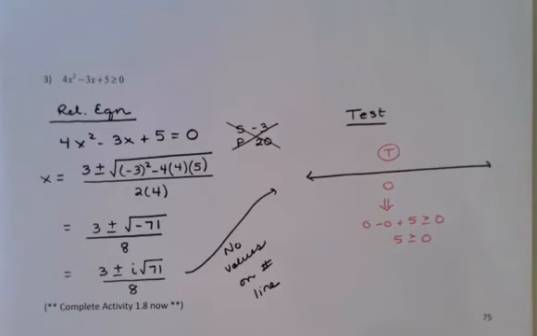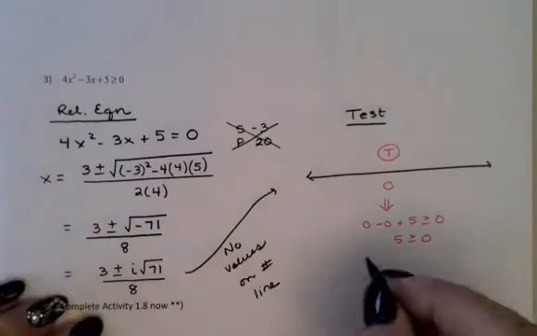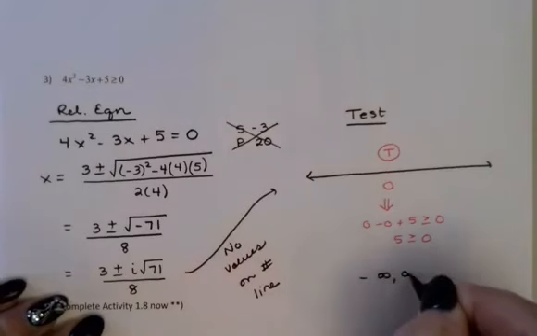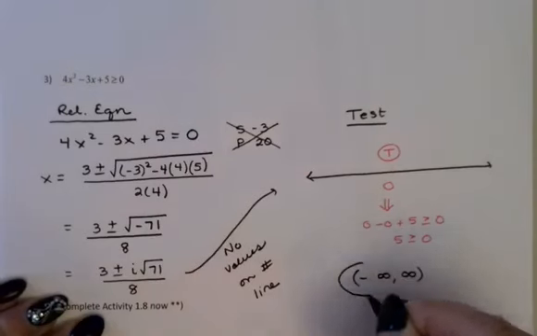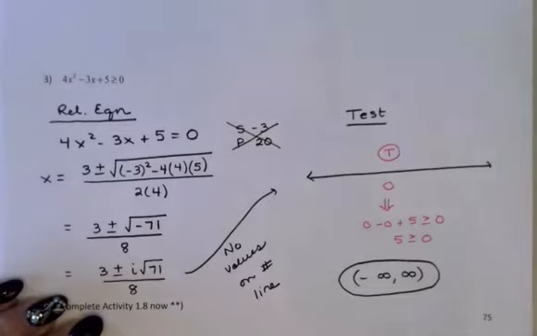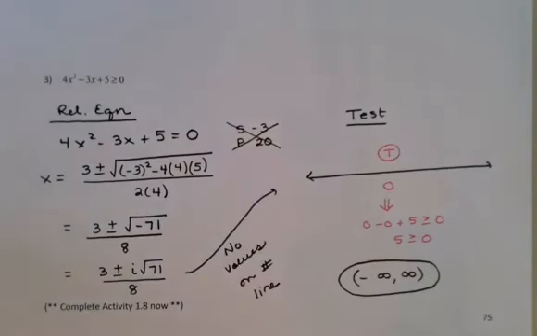That means that my solution is going to be all real numbers from negative infinity to infinity. Of course, if that test had turned out false, then I would have had to say no solutions to this particular inequality. All right, that brings us to the end of section 1.8.